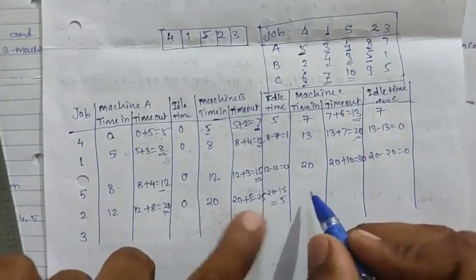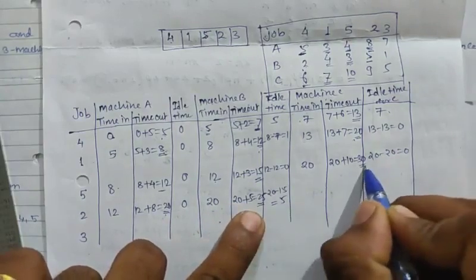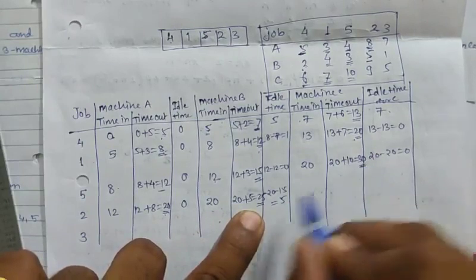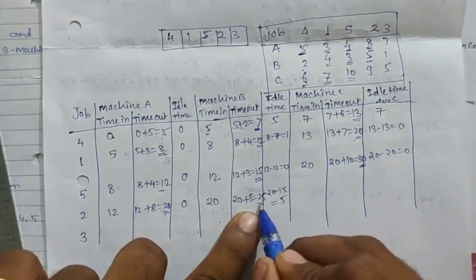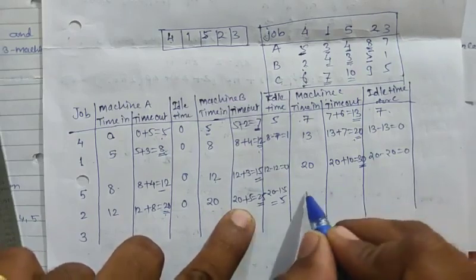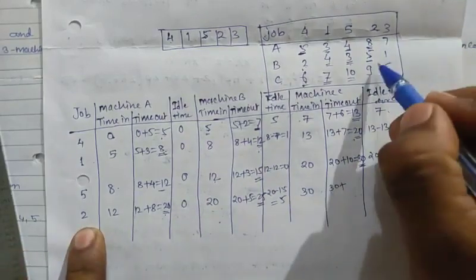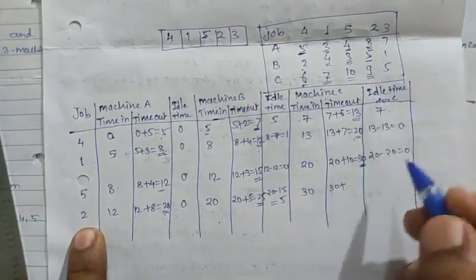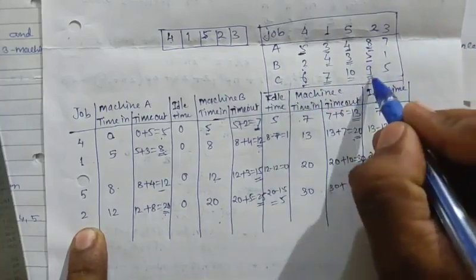So here is 25 and here time is 30 hours. So machine C requires 30 hours and machine B requires 25 hours. So maximum among that will be 30. So here 30 plus, job 2 on machine C requires 9 hours.